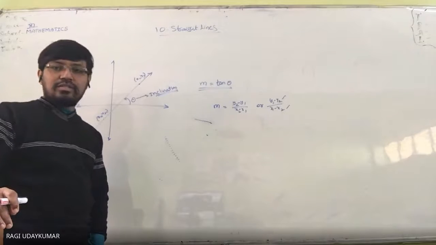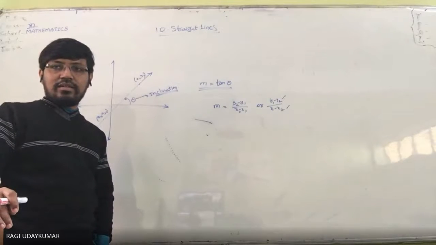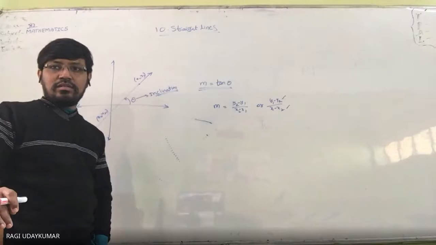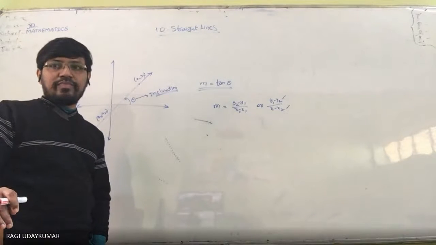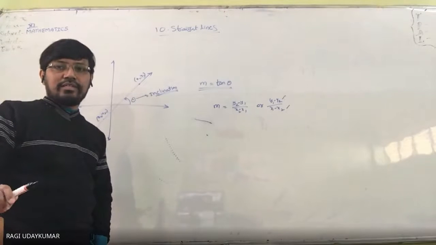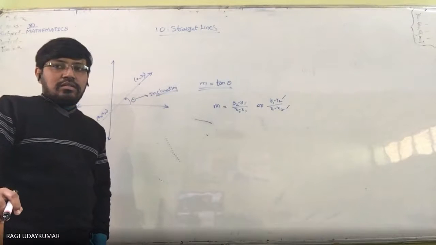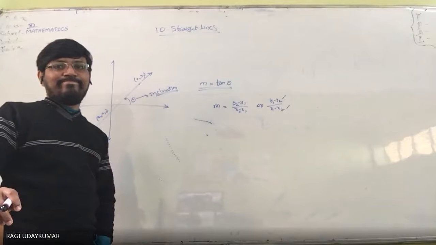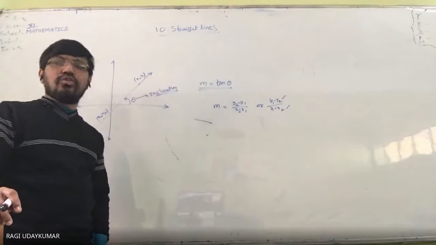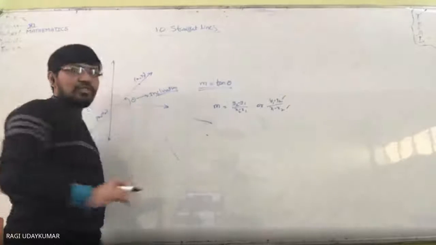So the slope is tan 0 degrees. What is the value of tan 0 degrees? Tan 0 degrees is 0. Therefore, the slope of the x-axis is 0.